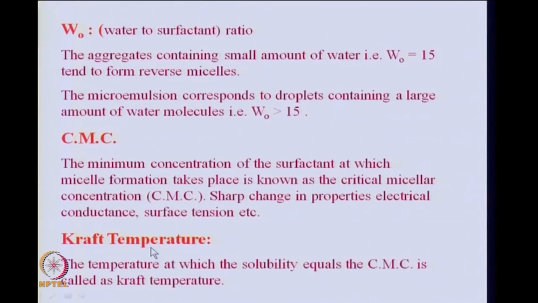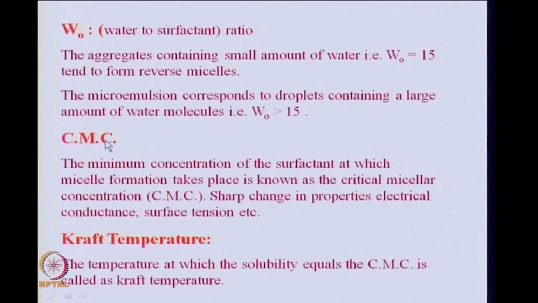Now, there is another term which is used, which is called the Kraft temperature. This is the temperature at which the solubility equals the CMC, and that temperature is called the Kraft temperature. So, these are certain terms which are used regularly in the study of microemulsions and surfactants, and in nanoparticle synthesis using surfactants and microemulsions.